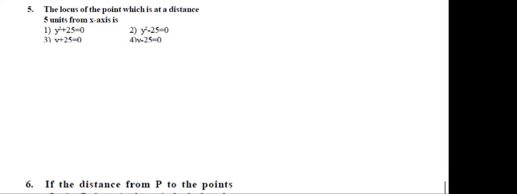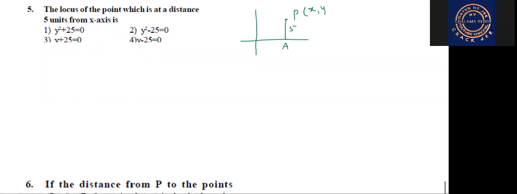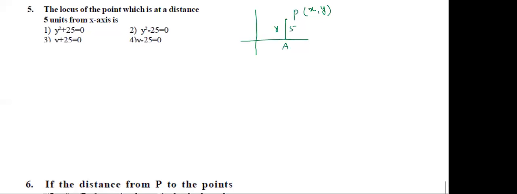The locus of the point which is at a distance 5 units from the x-axis. Oh, very easy question. See here, this is point P and this is P to the x-axis. This is A. The distance is y given. P is x comma y, so what is PA distance? That is y or not?